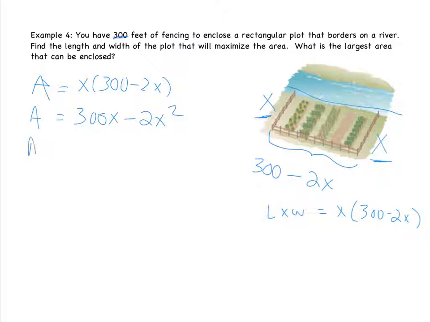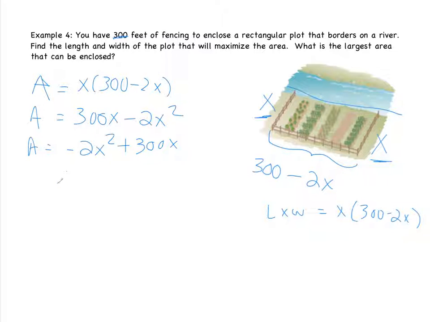And if we write that the way we're used to seeing, I have a parabola that's negative 2x squared plus 300x. So I've got a parabola that opens down, since the coefficient of x squared is negative. I need to find the x that gives me the maximum y value, which is area. So I need to find the vertex.